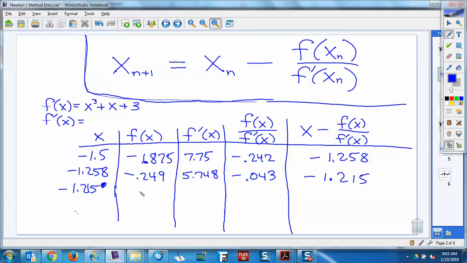Okay, what's F? Negative 0.020, okay, and then F prime. One point something. Okay, and then divide those.